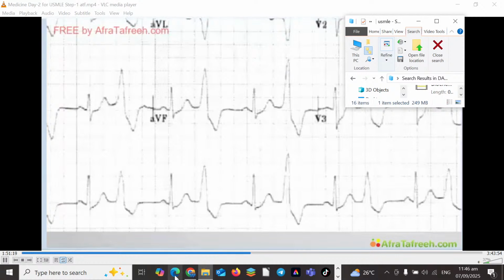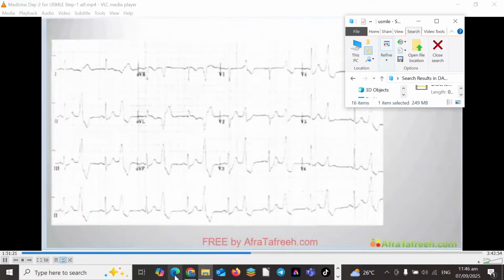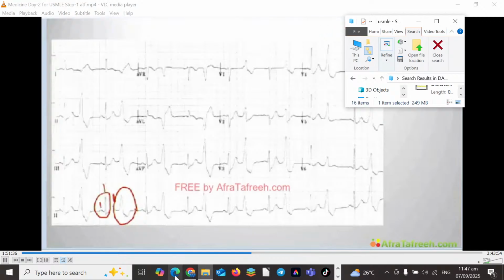When you notice here, you have a normal QRS complex which has a P and then a QRS complex, followed by a T here, followed by a large complex here, which is followed by something called a compensatory pause.